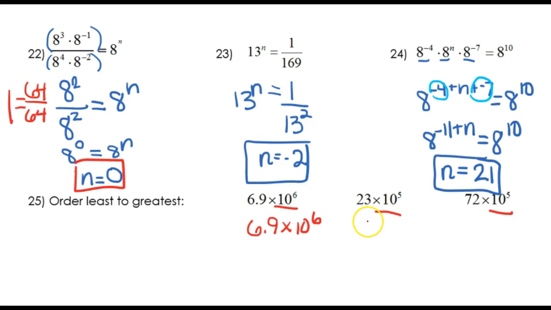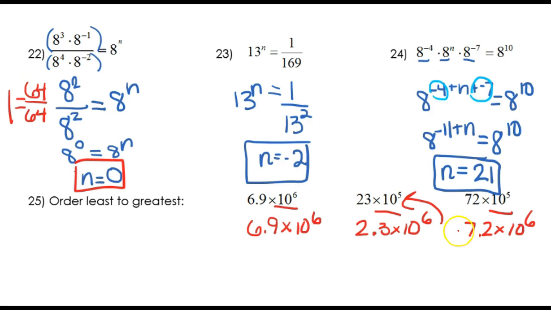Well, what we want to do is change this so that we have this to the 6th power. So this is going to be 2.3 times 10 to the 6th power, and that's going to give us the same thing as 23 times 10 to the 5th power. Same thing here, 72 times 10 to the 5th power. This is going to become 7.2 times 10 to the 6th power.